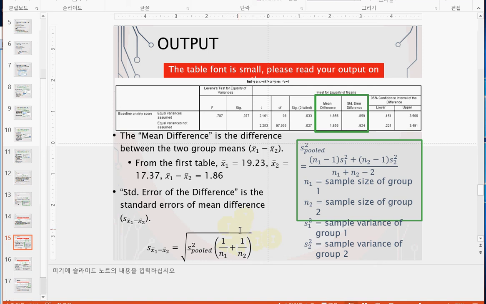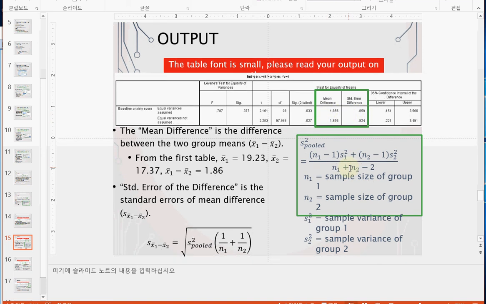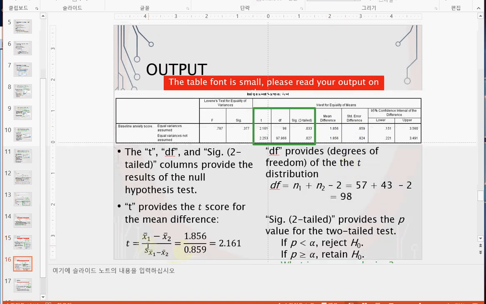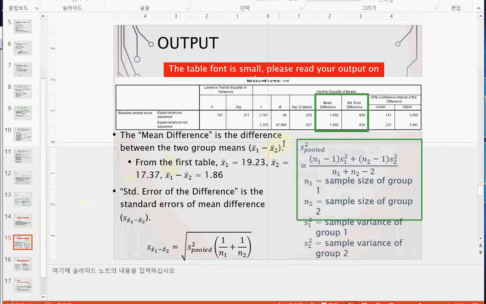It's a little complicated, but we've got the value for this statistic, 0.859. So the statistic is computed by the mean difference over the standard error of the mean difference. So this number 0.859 came from this part.